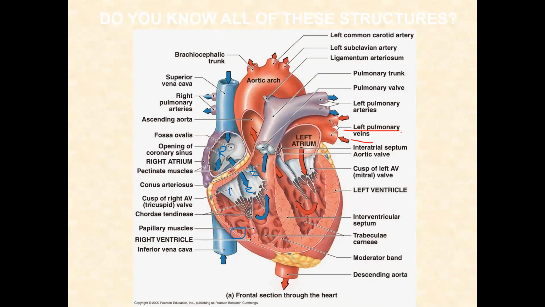What's true about veins? All veins carry blood to the heart. Pulmonary veins have oxygenated blood in them, which is weird for a vein, but all the others carry deoxygenated blood, right? Pulmonary arteries carry deoxygenated blood, which is weird for an artery. All the other ones carry oxygenated, okay?